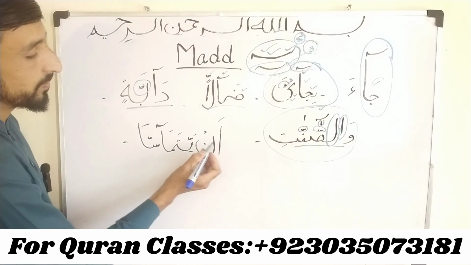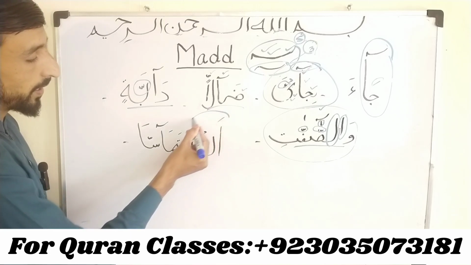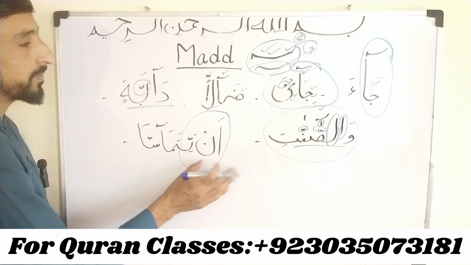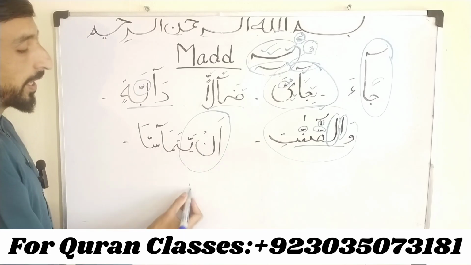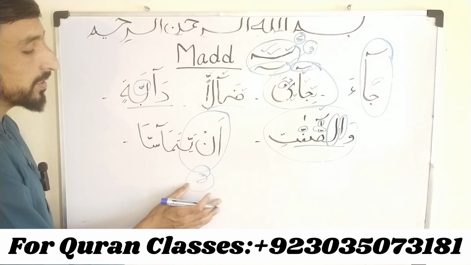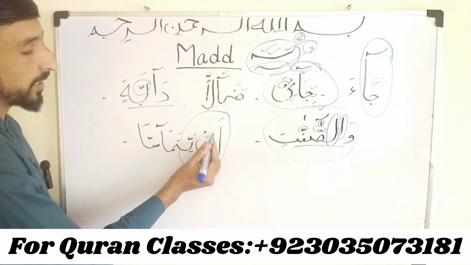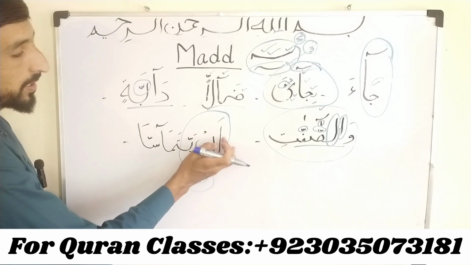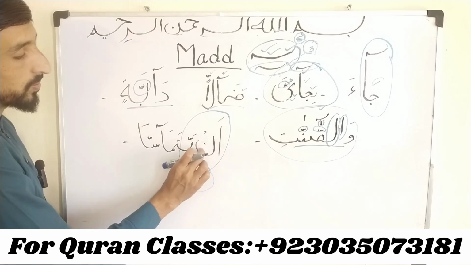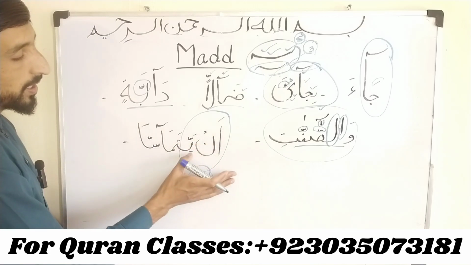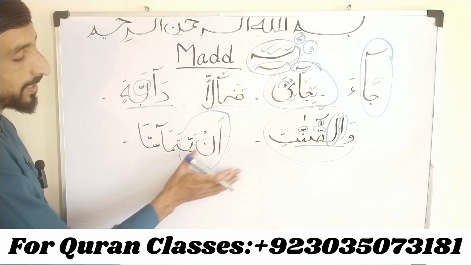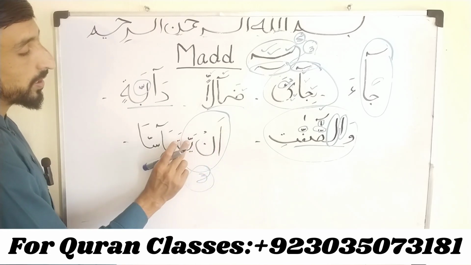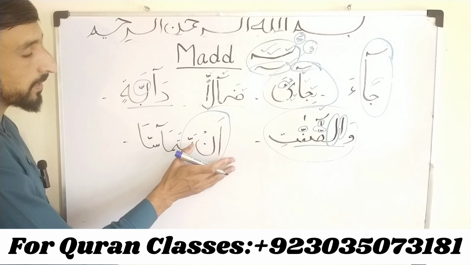Here we apply the rules of nun sakin, and the third rule of nun sakin, it is iqlab. After the nun sakin there is a yarmalun letter, so we apply iqlab. How do we read? In this condition, nun sakin is silent, so hamza, ya, fatha, ain, hamza, ya, fatha, ain, ya fatha ya ain ya.